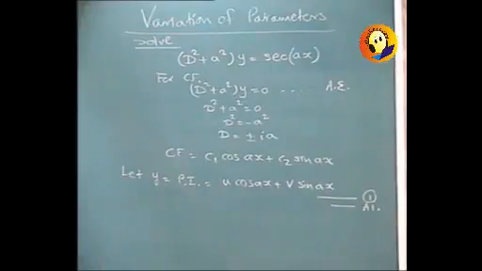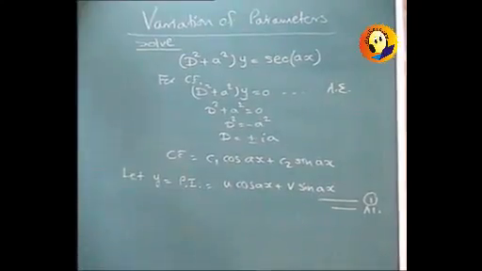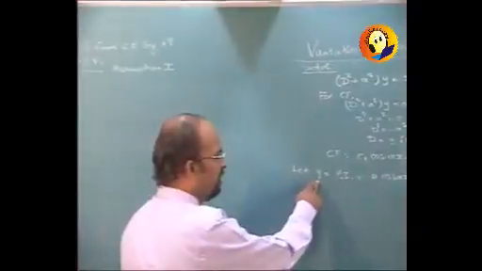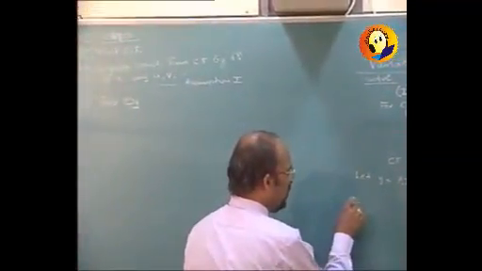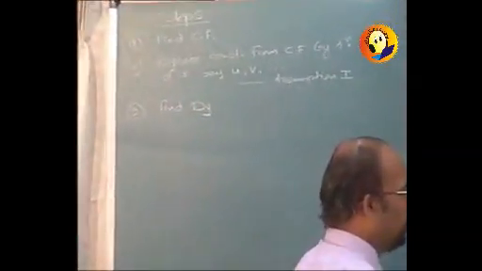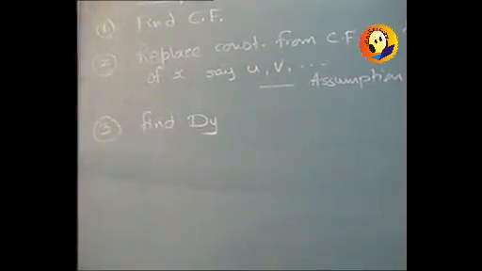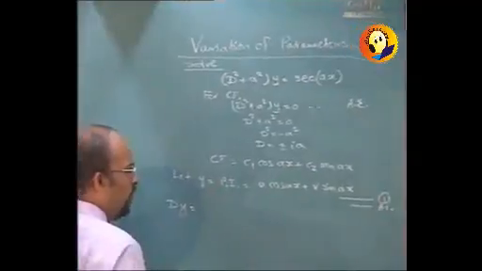Third step says to find dy. So this particular y that we have assumed should be differentiated. So dy will be equal to, remember that u and v are functions of x, so it is going to be the product that is to be differentiated using the u into v rule.